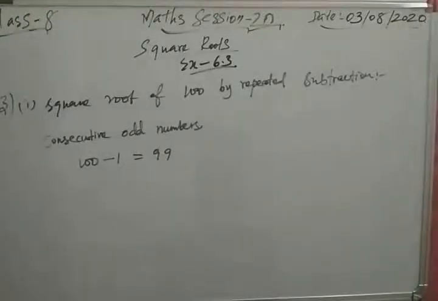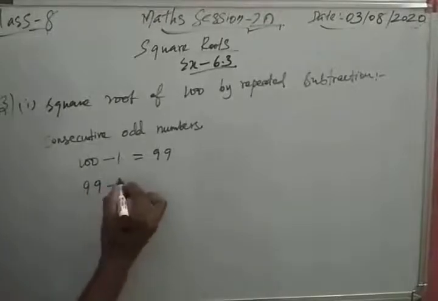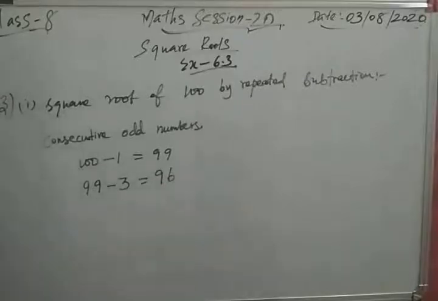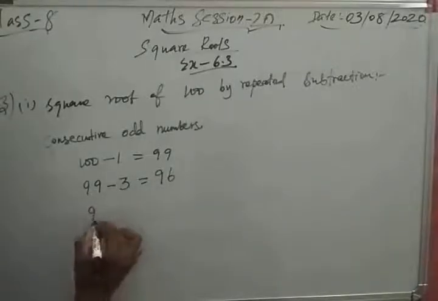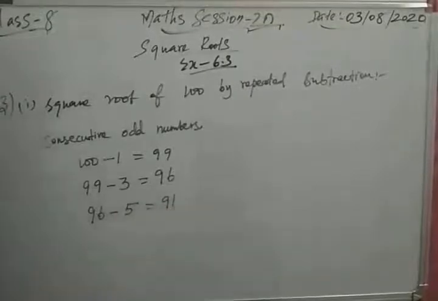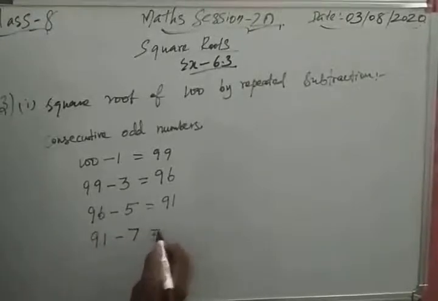Then what will be the next number? From 99, minus the next consecutive odd number, 3, that is 96. Then from 96, the next odd number is 5, that is 91. From 91, the next odd number is 7, so when you subtract this you will get 84.